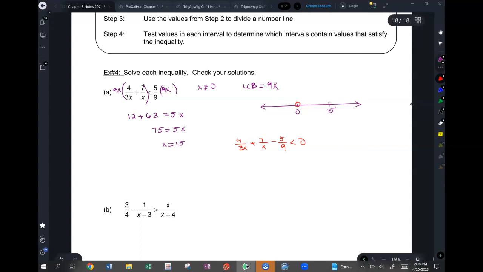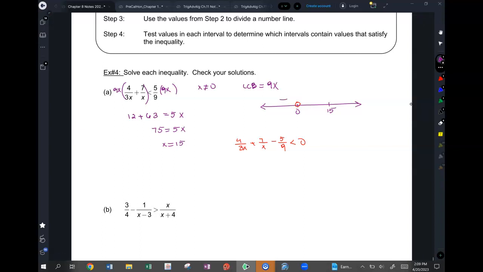Okay, so let's pick a value from here, like negative 10. If you plug that number in here, you're going to get a negative number, plus another negative number, minus a number. So is the result going to be positive or negative? Negative. So over there I say it's negative. Let me take another number, like 2.